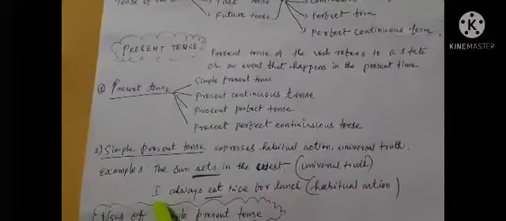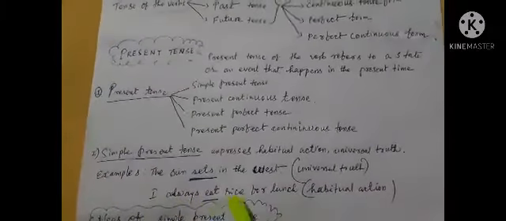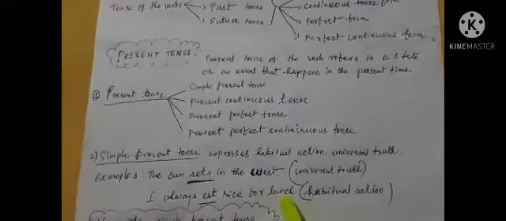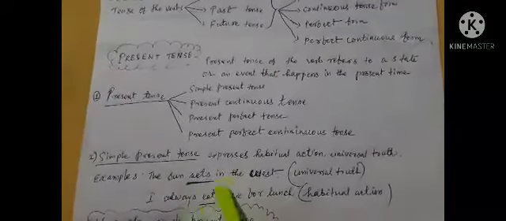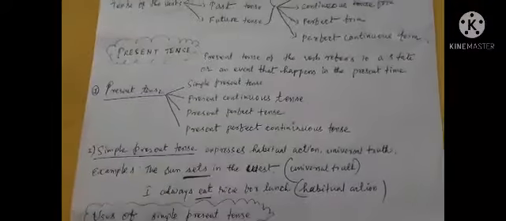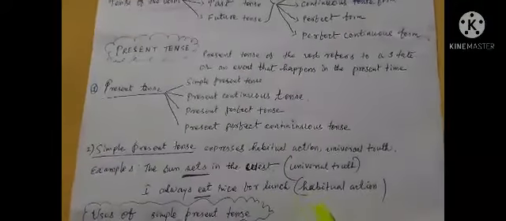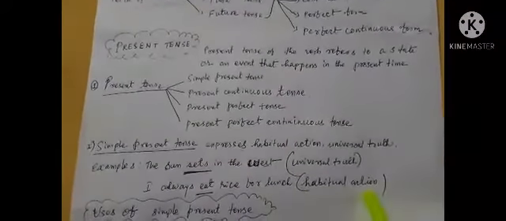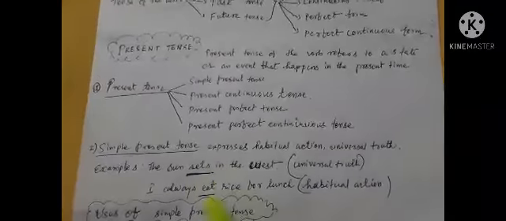Let us see one more example. I always eat rice for lunch. Here the tense of the verb is eat and it shows the time, that is present time, and the action is habitual action. Eating is done regularly.